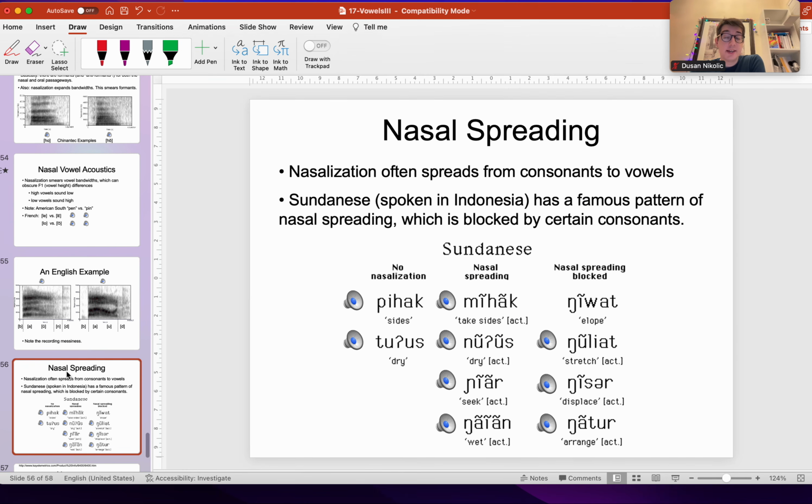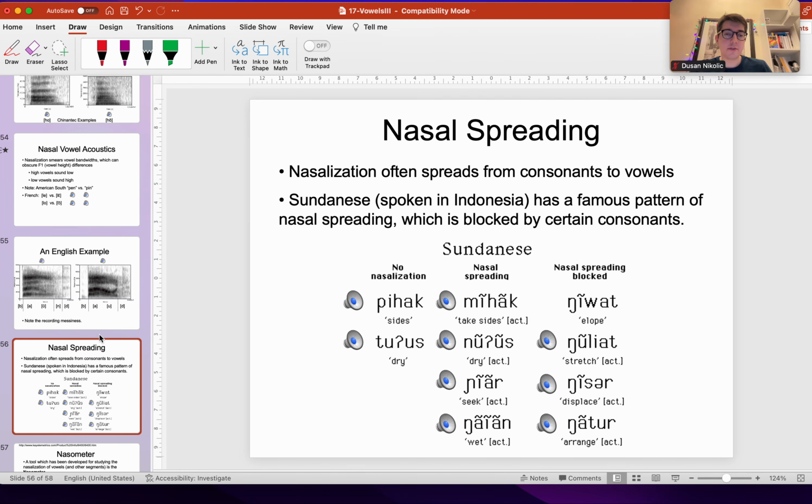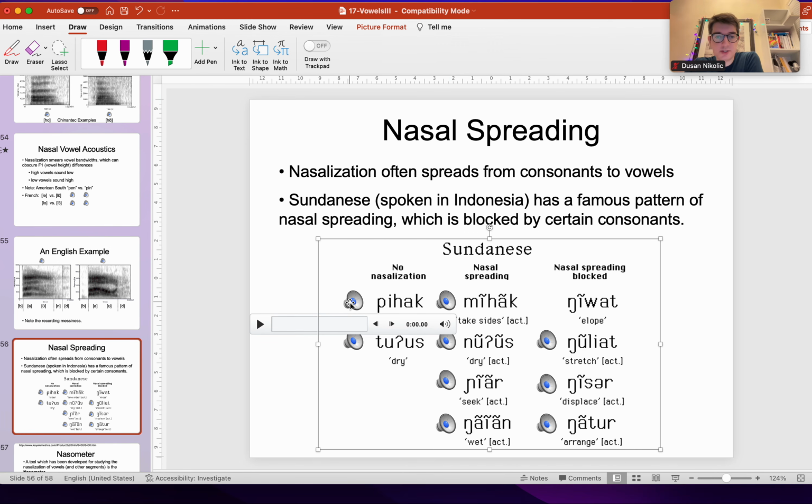All right, there is something that we call nasal spreading, and we'll finish in a couple of minutes. Nasal spreading is when nasalization spreads from consonants to vowels, right? Sundanese, spoken in Indonesia, has a famous pattern of nasal spreading, which is blocked by certain consonants. And this is what happens in Sundanese.